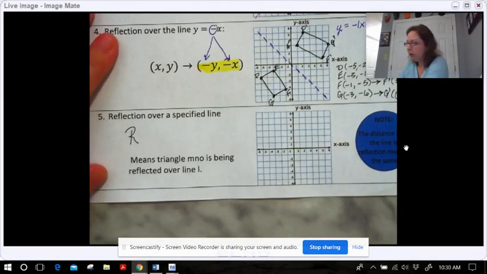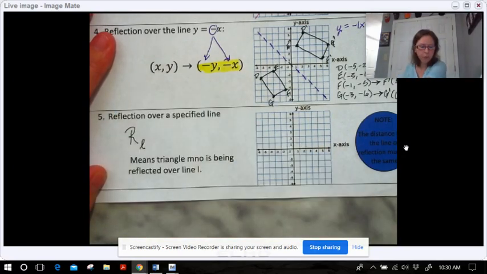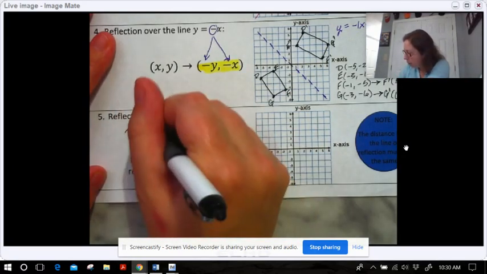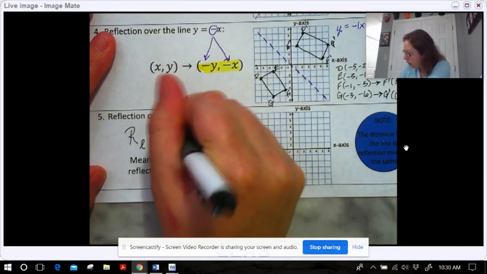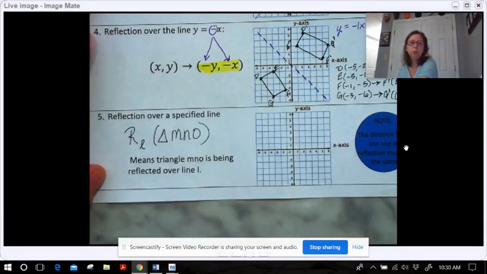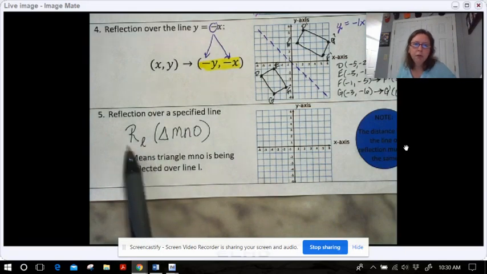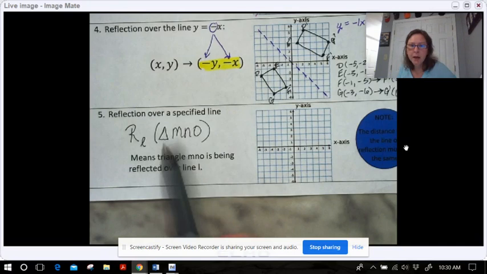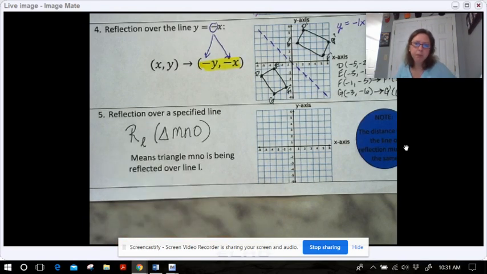A big R with a little subscript L, okay, parentheses, triangle MNO. And that's like a little cursive L. So if I were to put words to this, it means that triangle MNO is being reflected. That's what the R means, over line L.